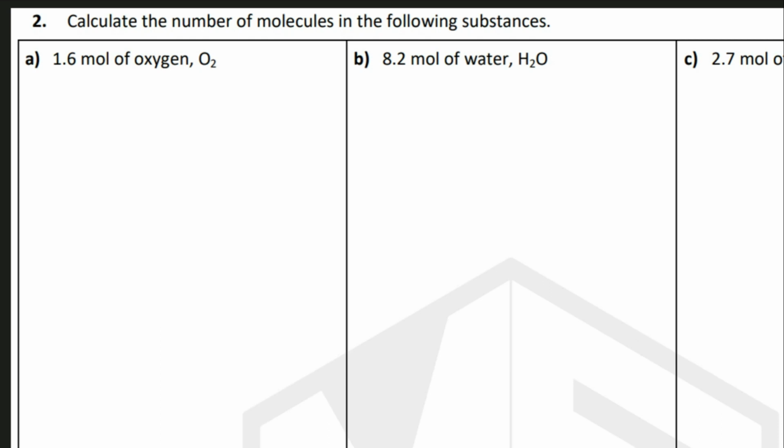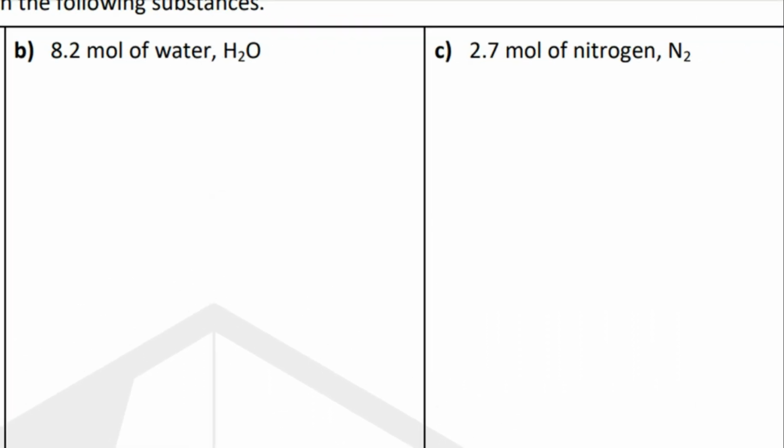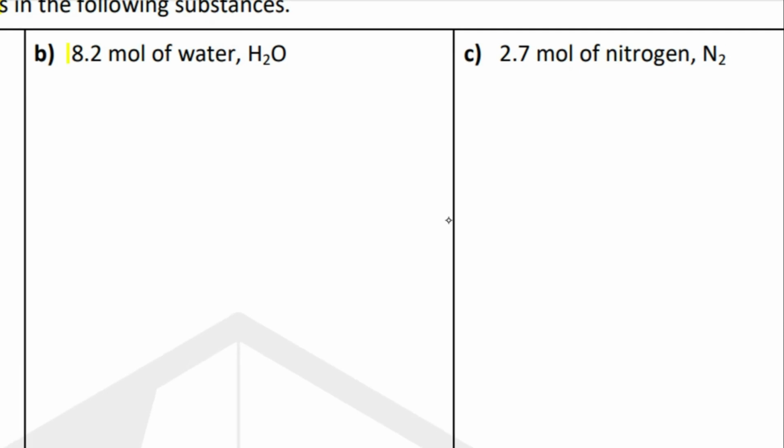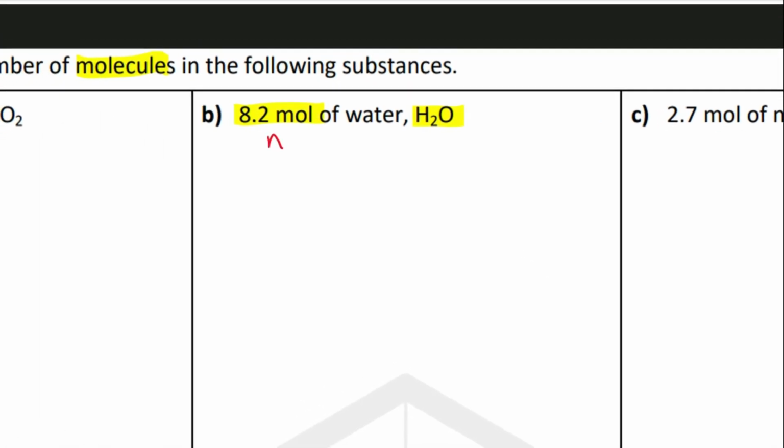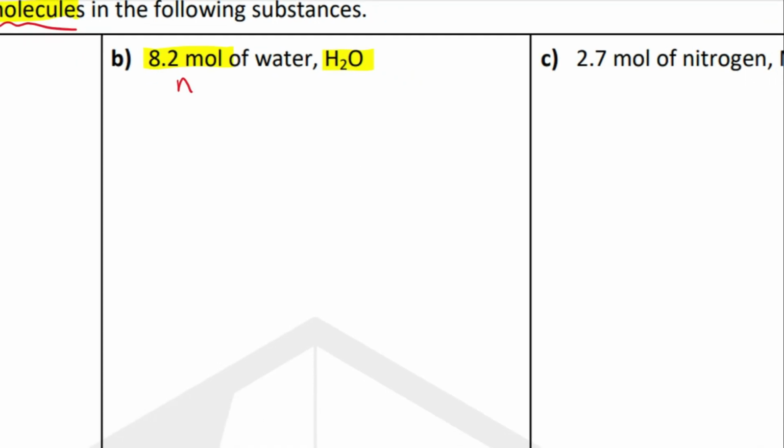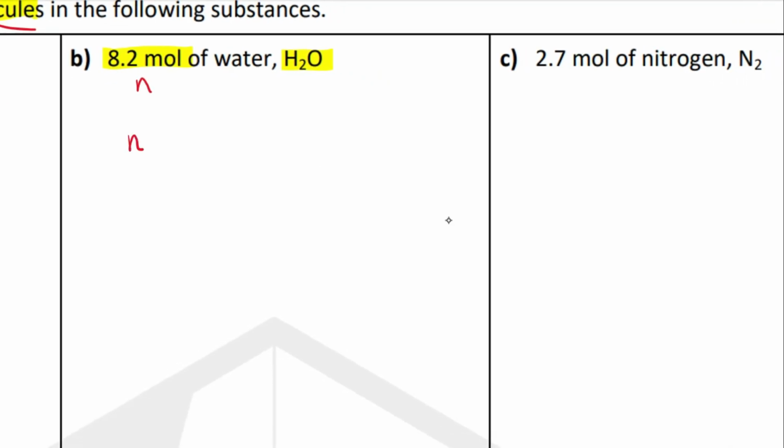Let's try another one. Calculate the number of molecules this time in the following substances. Let's look at B. Here we have 8.2 moles of water. 8.2 moles is the number of moles. We are required to calculate the number of molecules, that is the number of particles. So in this case, moles is number of molecules divided by Avogadro's constant.